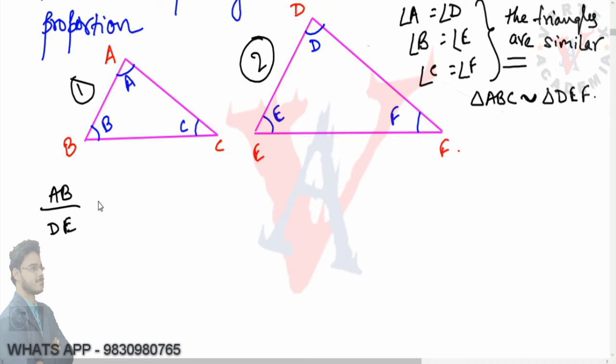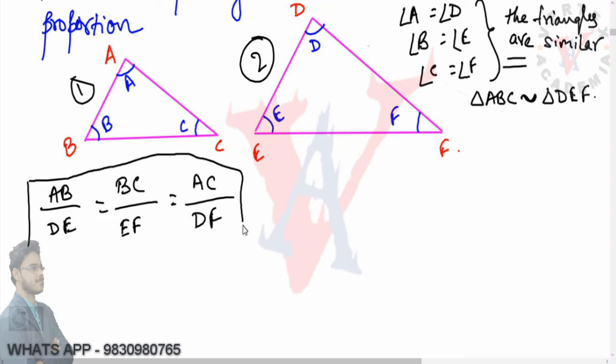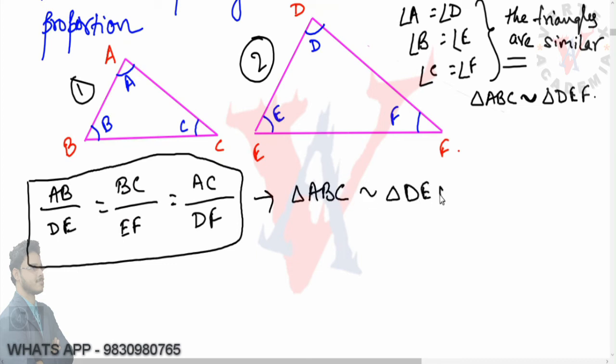So if AB by DE equals BC by its corresponding side EF, which equals the remaining side AC by its corresponding side DF, if this criterion is also fulfilled, then also we can say triangle ABC is similar to triangle DEF.